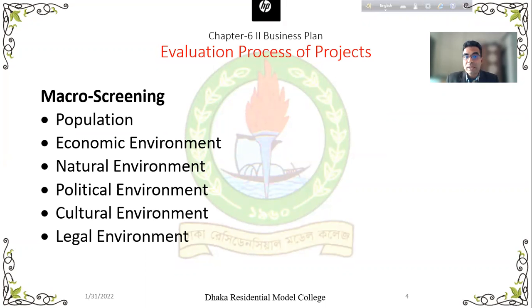Because population is the most important element for your business, because the demand for your business product depends on the number of people in your region, the population of the area where the business is established, and the population growth of this area.